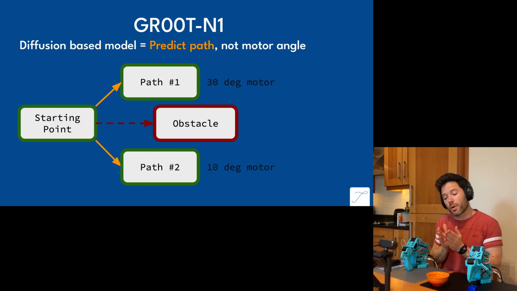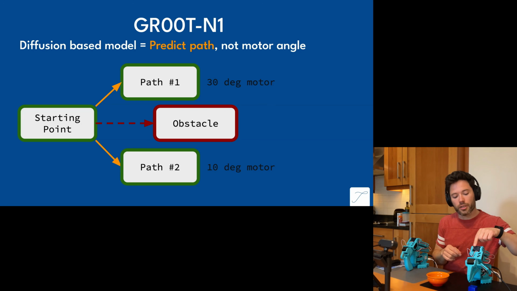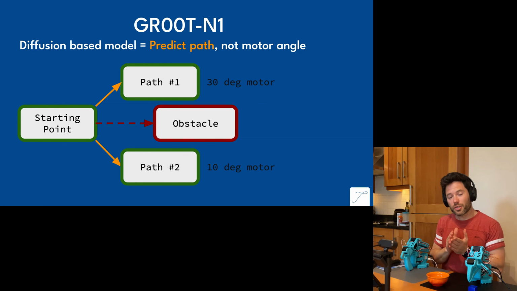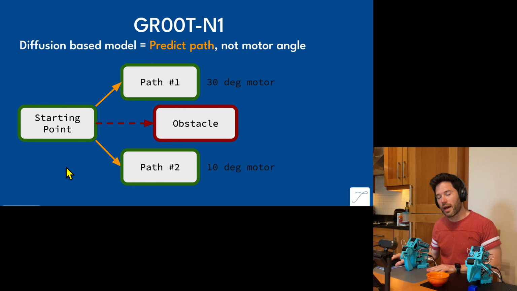Well, you want to find a direction that removes the noise in such a way that you end up with motor positions, because ultimately we're trying to predict motor positions. But the key thing is we are trying to find the direction in this high dimensional space to remove noise. And because we're finding a direction rather than just finding this scalar value, that ends up avoiding the averaging that was happening in the ACT case.